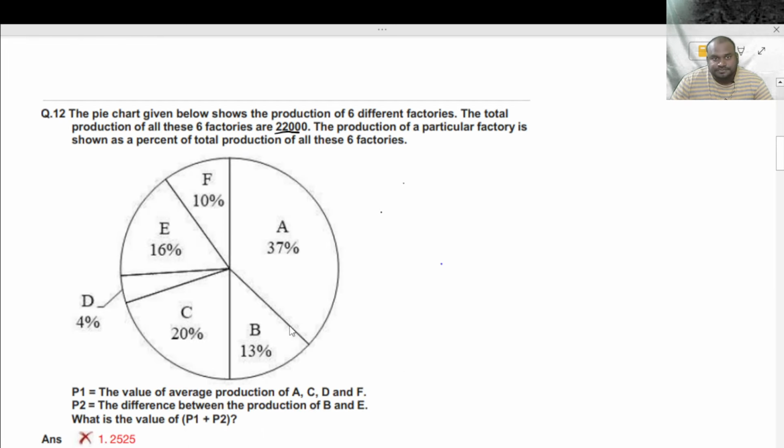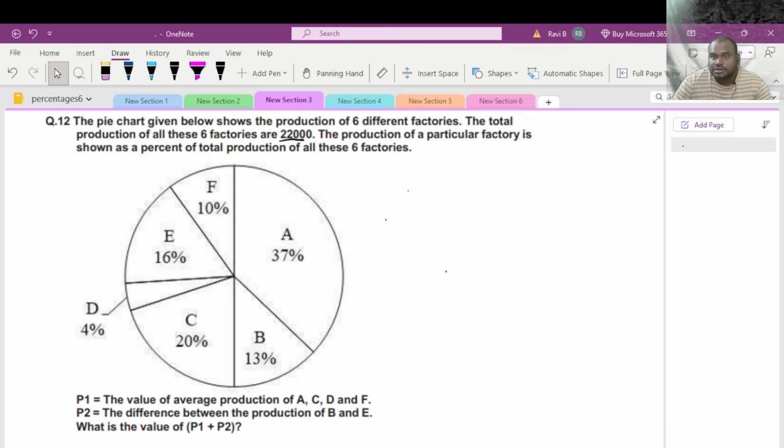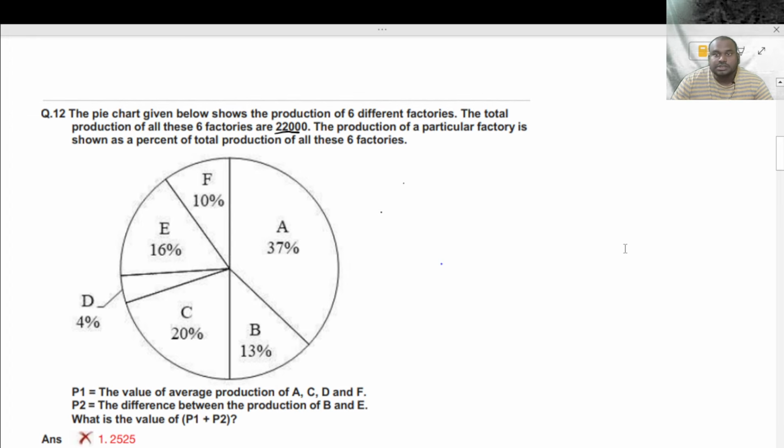Next question. The pie chart given below shows the production of six different factories. The total production of all these six factories is given as 22,000, not 100.